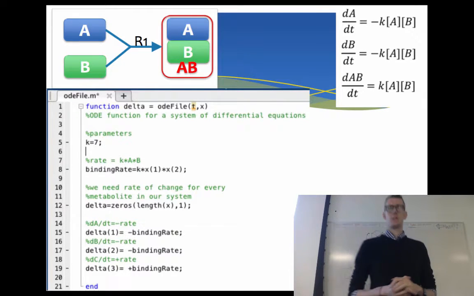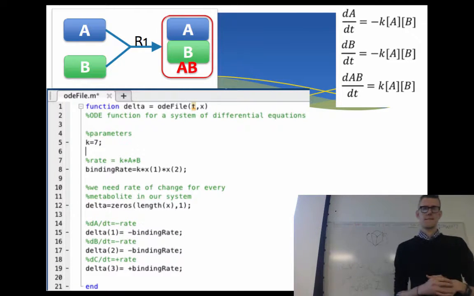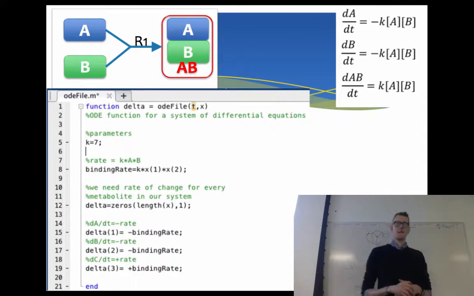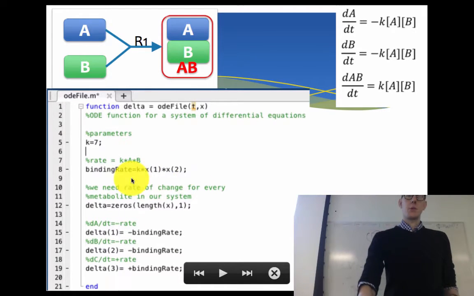So then how does it know what x is? At this point, it doesn't. If we hit run on this, it wouldn't work. It would say, where is x1? But we're going to call it using an ODE solver, and it's going to automatically populate all those values for us. So x is going to be an array that's going to be 3 big, containing the concentration of A, B, and the complex.